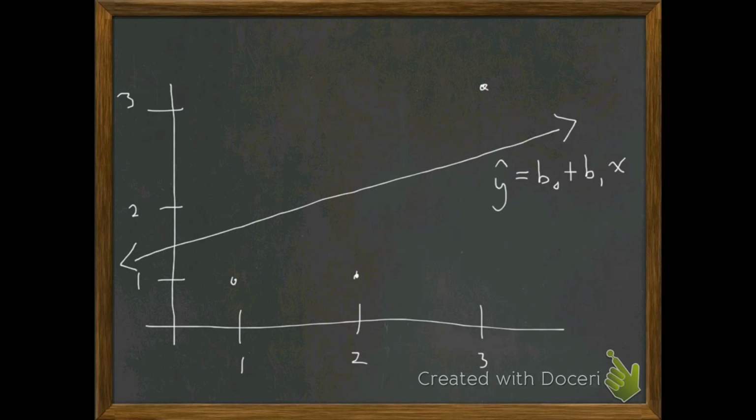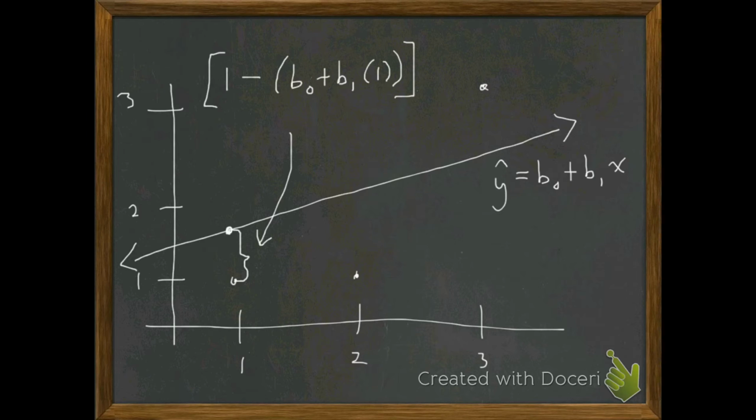So what I want to do for starting this out is just examine what we have for this value right here. So guys, we would have our y value, which is equal to 1, minus our predicted value, which would be beta 0 plus beta 1, and I'm going to put times 1 even though it's redundant, quantity squared.